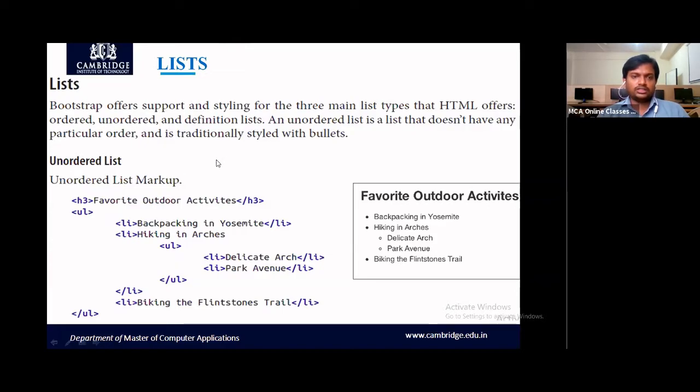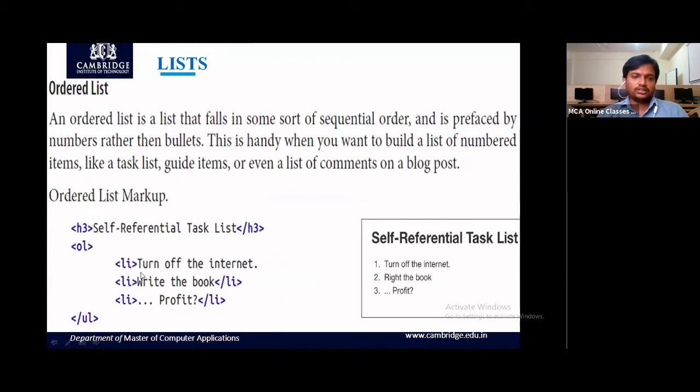So whenever we use the unordered list, bullet points will be provided. Whenever we use the ordered list tag, OL, it will give the numbers, like 1, 2, 3.